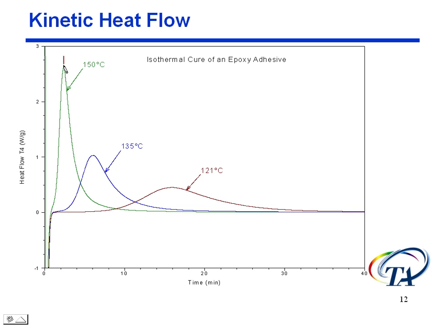But if we drop 15 degrees to 135, we see that it roughly doubles the time it takes to get to that peak. We also see that the peak height is a lot smaller. It's spread out over a longer time. And if we cool down even further to 121 degrees, the peak is out even further.